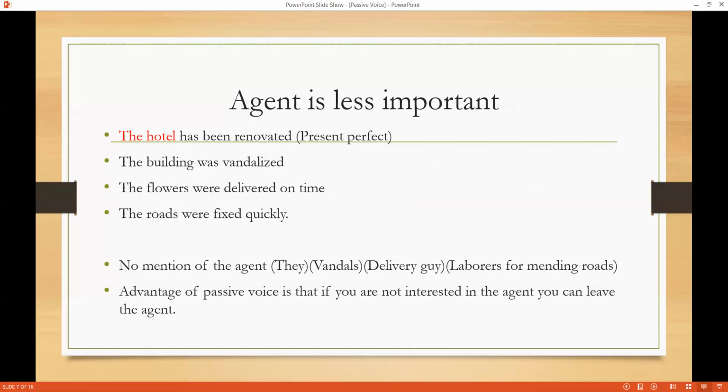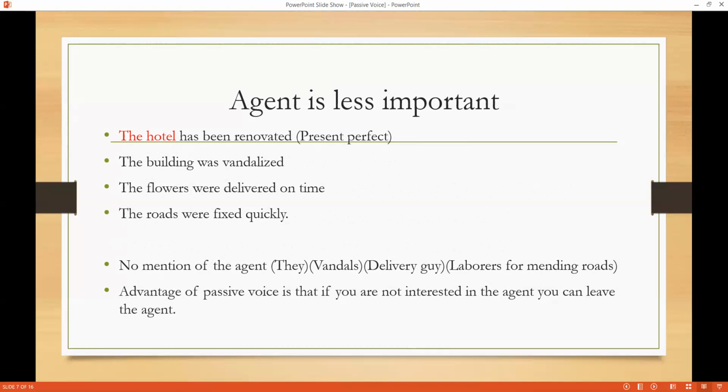Renovate means to improve the look of the place. So they have repainted the building, they have added some new furniture, they have made some nice decorations, and now the hotel looks really cool. So we can say that they have renovated the hotel.